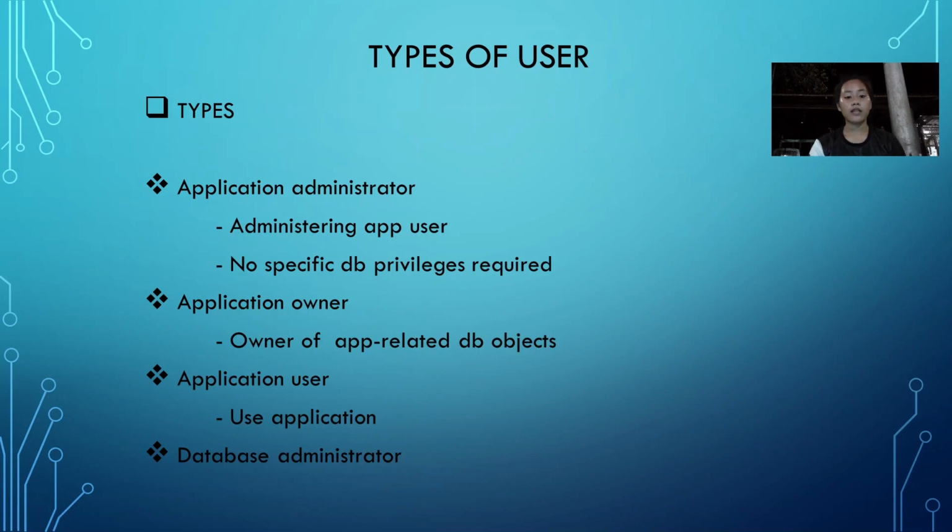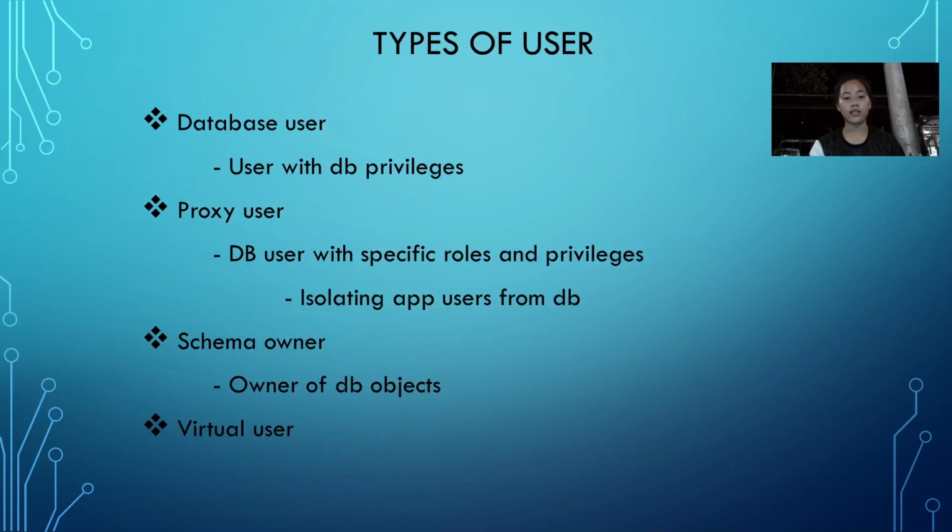We also have the application owner of application-related database objects, and then the application user, who uses the application, and the database administrator. The next is the database user, a user with database privileges. Proxy user is a database user with specific roles and privileges, isolating app users from the database. Schema owner is the owner of database objects. And also the virtual user.